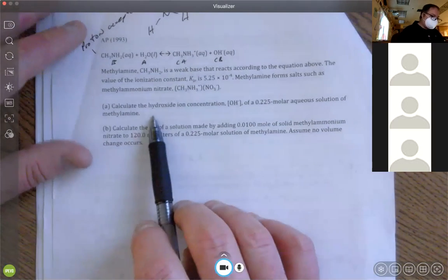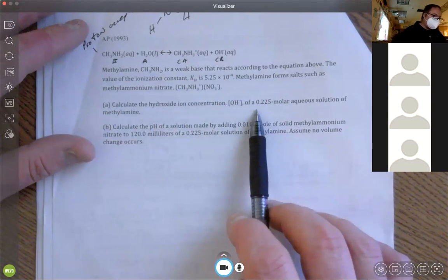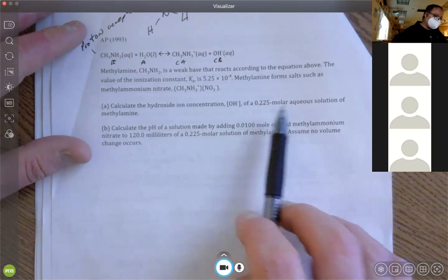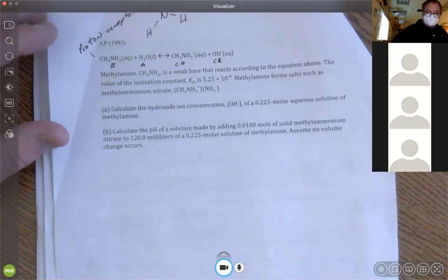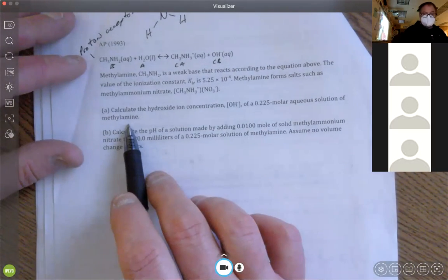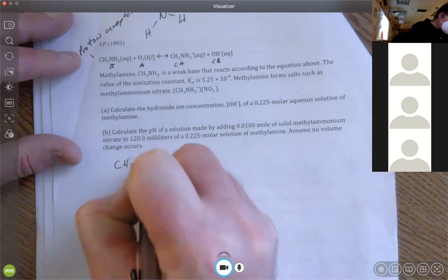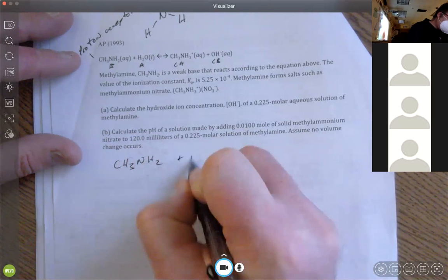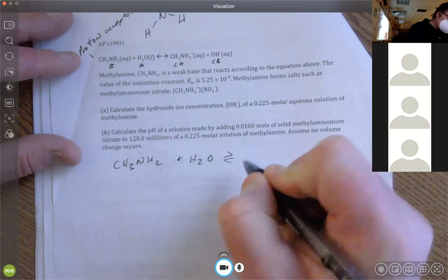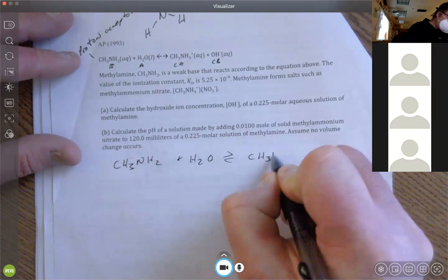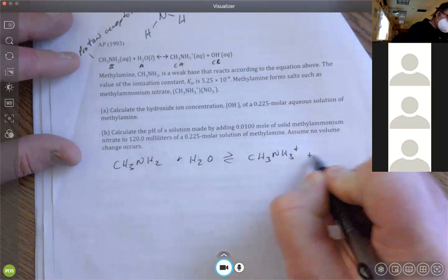Now, calculate the hydroxide ion concentration of a 0.225 molar aqueous solution of methylamine. So if we have our formula here, CH3NH2 plus H2O gives CH3NH3+ plus OH-.